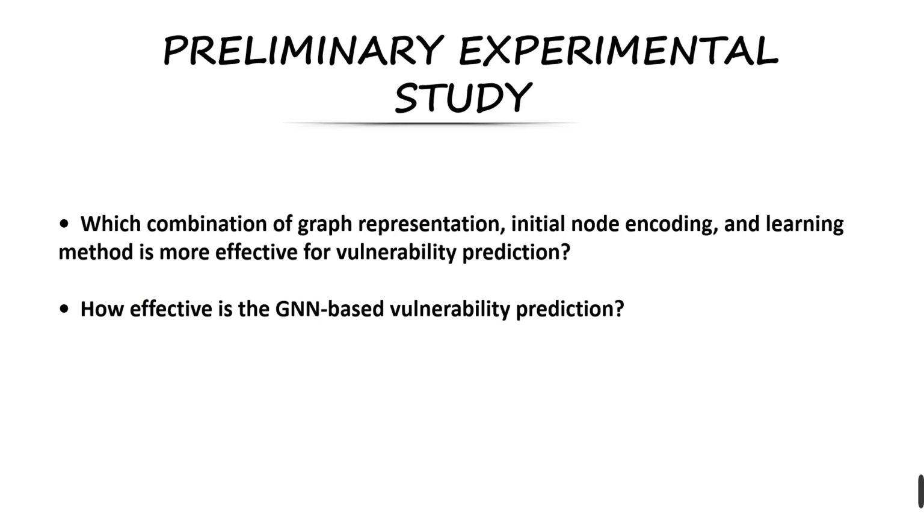For vulnerability prediction, we want to answer the following 2 questions by the experimental study. 1. Which combination of graph representation, initial node encoding, and learning method is more effective for vulnerability prediction? 2. How effective is the GNN-based vulnerability prediction?